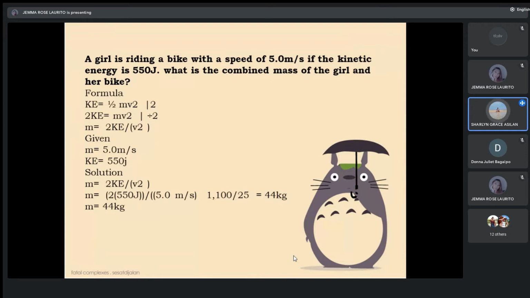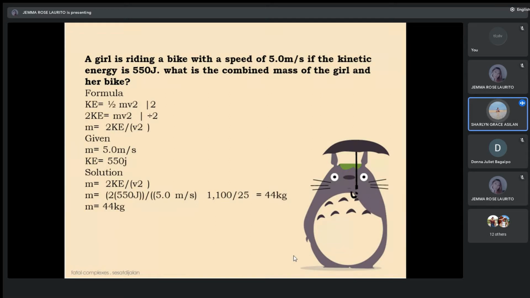If the kinetic energy is 550 joules, what is the combined mass of the girl and her bike? In this problem, we are looking for the mass of the girl and the bike together. The formula is kinetic energy equals 1/2 times mass times velocity squared. Multiply both sides by 2, so the 1/2 is removed. So 2 times kinetic energy equals mass times velocity squared.